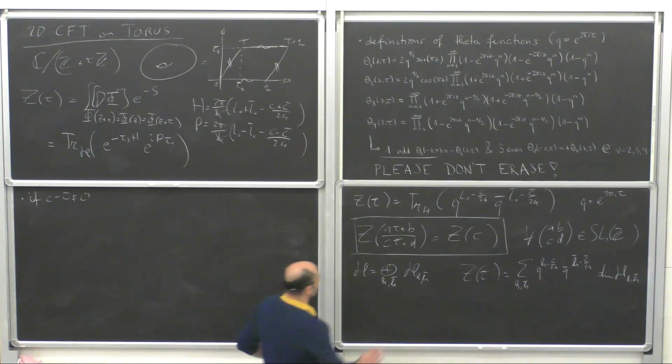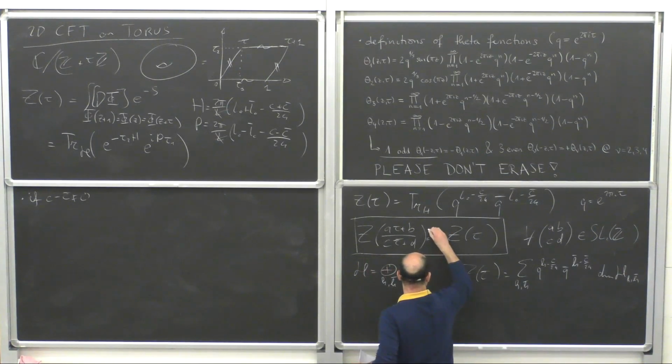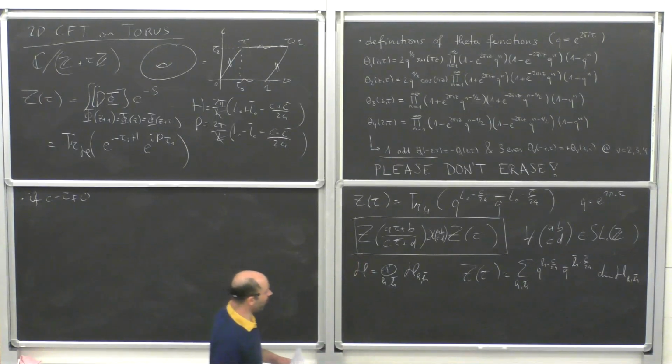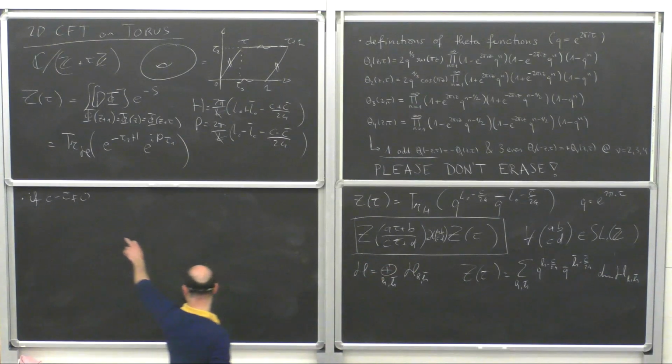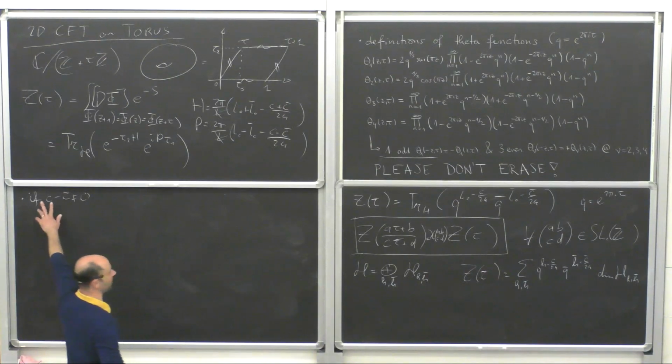So there will be some phase, let's call it chi, which depends on a, b, c, d, and only depends on a, b, c, d and on the difference of the central charges.